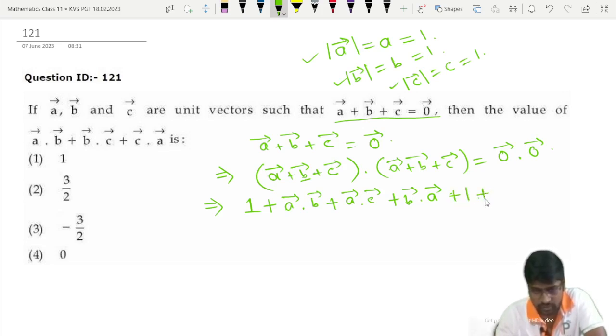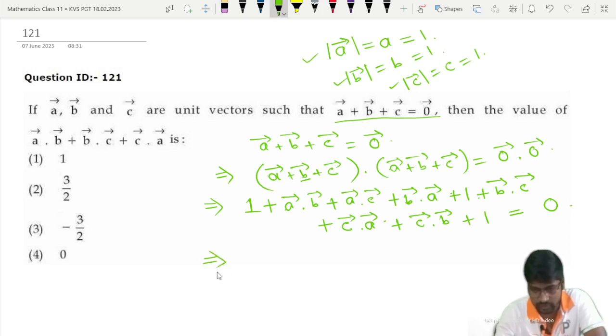Then again b dot c. Then come to c: c dot a and a dot c are the same, both are the same. Then c dot b and b dot c are the same, and c dot c is equal to again 1, and that will be equal to 0.